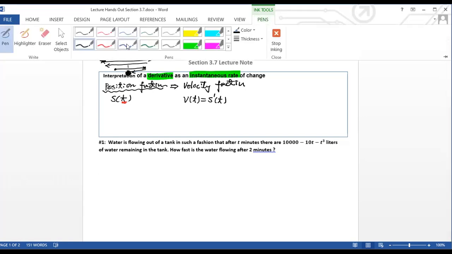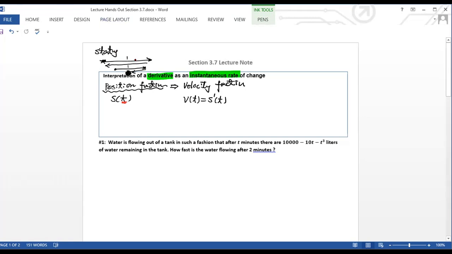So what is velocity? Velocity means, at this moment, how fast you go.